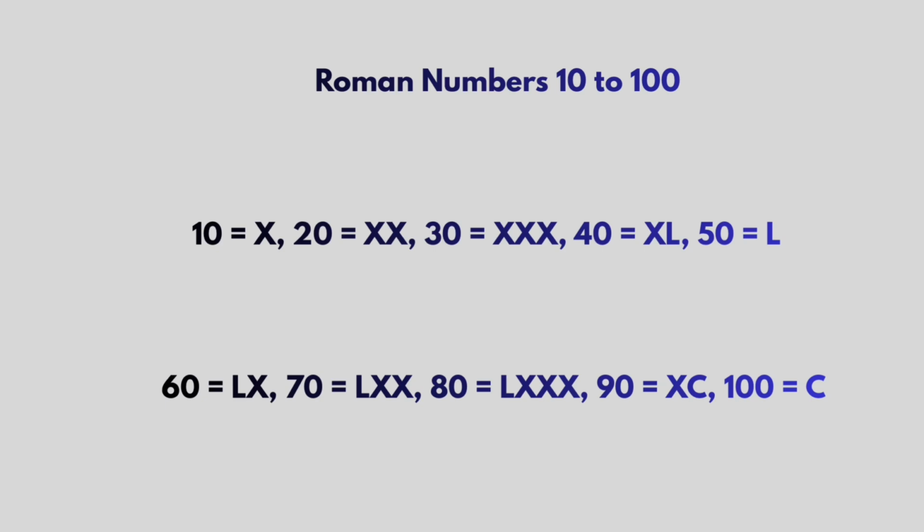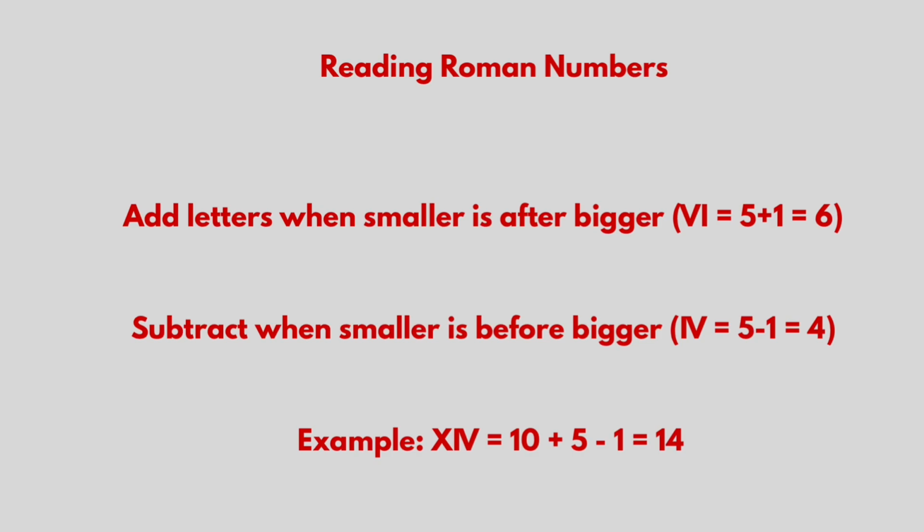Okay. Alright, now reading Roman numbers. We add letters when smaller is after bigger, like 6. So V is 5 plus 1. So 5 plus 1 is 6. So this is the symbol of the Roman number VI, 6. Subtract when smaller is before bigger. So we have this symbol for 4, 1 before V. So 5 minus 1.